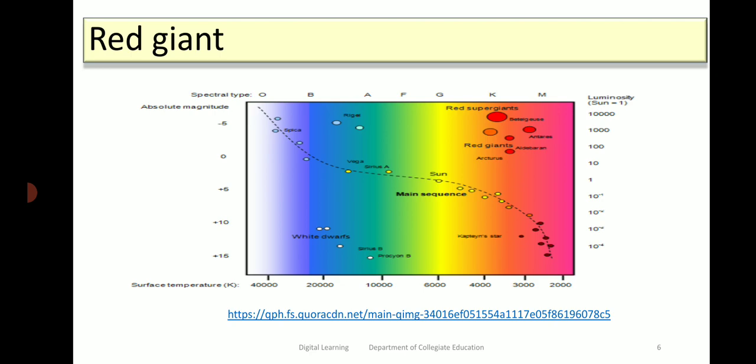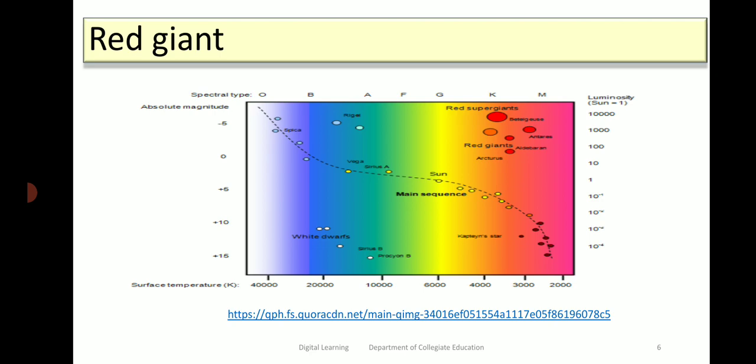To explain the red giant, you can see the HR diagram, absolute magnitude versus surface temperature. You can see the variation as the temperature increases, how the absolute magnitude keeps on increasing. Absolute magnitude or luminosity is increasing as temperature increases.